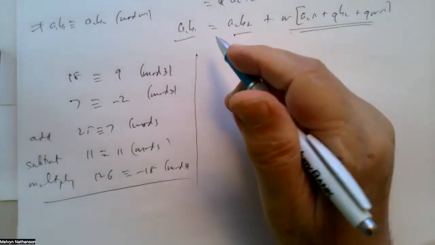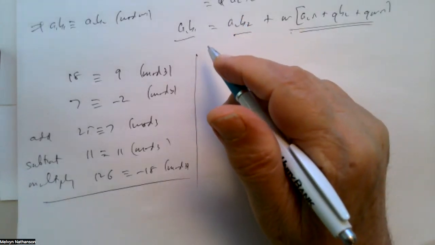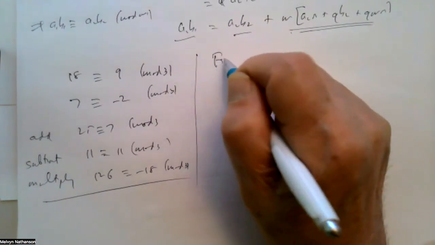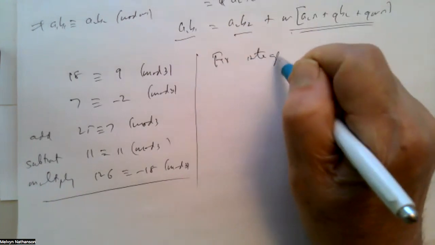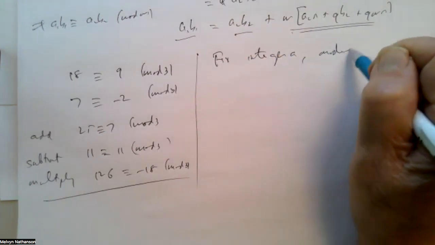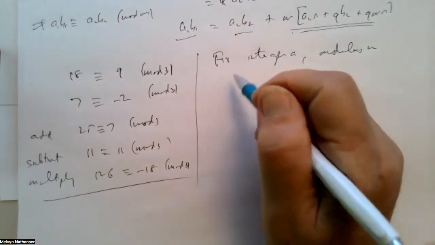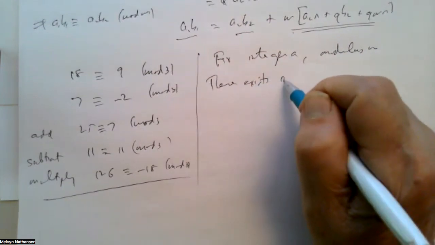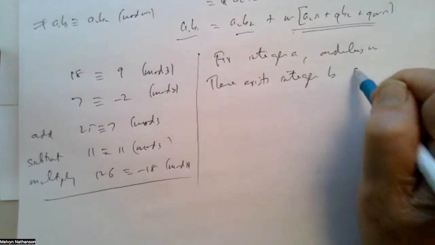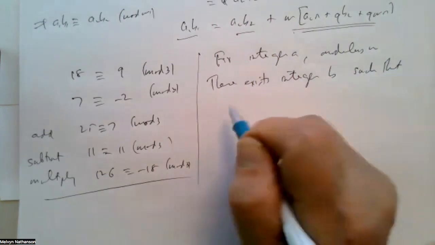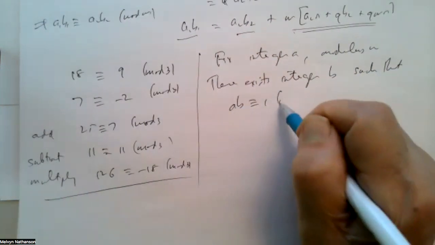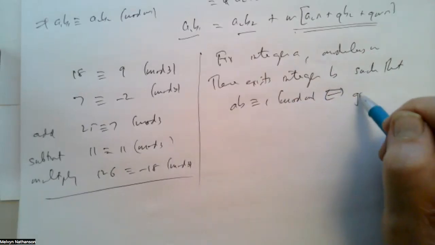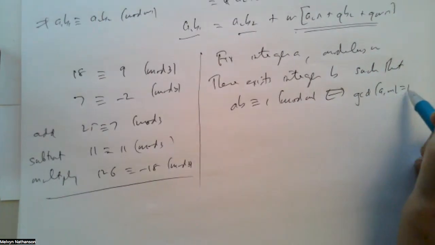And then the second part of the proposition says the following. So you fix an integer A, and we have a modulus M. So there exists an integer B such that AB is congruent to 1 mod M, if and only if the greatest common divisor of A and M is equal to 1.